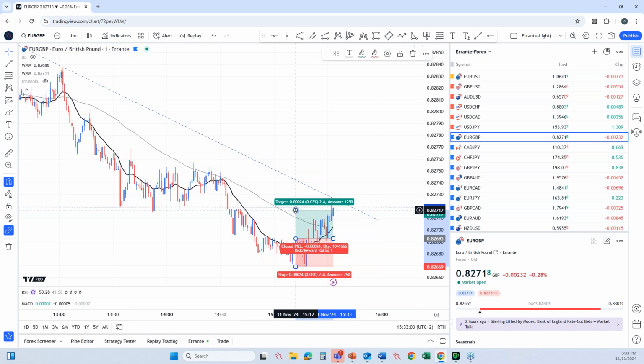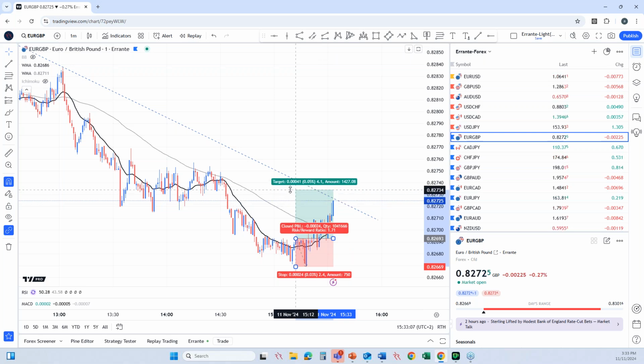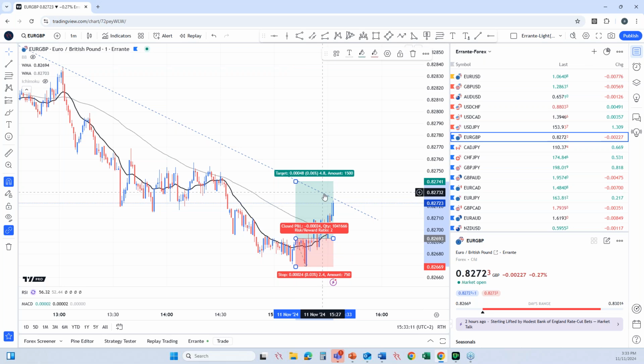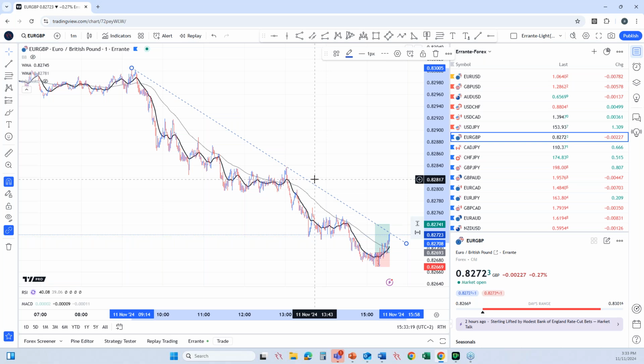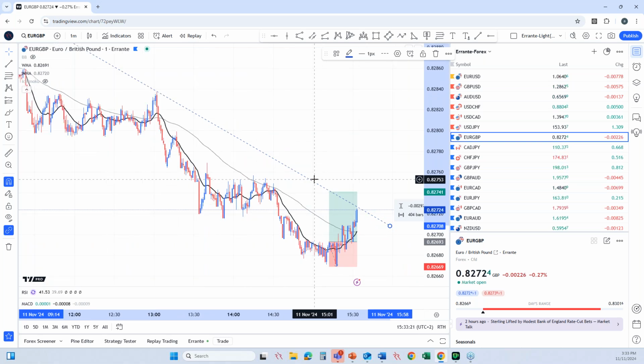But if I go unrealistically higher than that to set, for example, only 2-to-1, I need the price to conquer this somehow strong downtrend line, which could be not very probable.